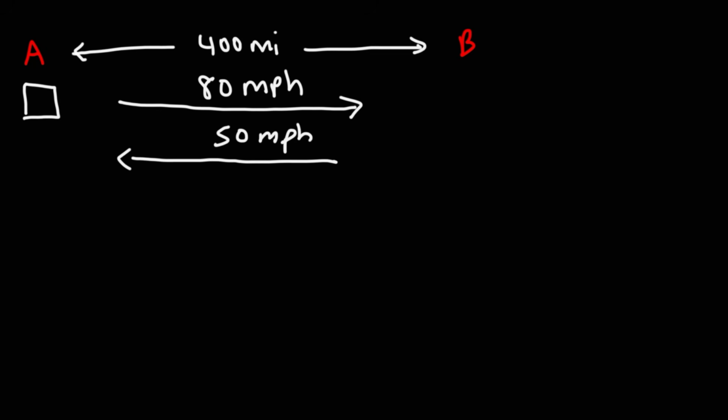It turns out that in this problem, you can't use the arithmetic mean formula because the time in which the car is traveling east is not equal to the time in which it travels west. So the weight that you would apply to each speed is different. So the arithmetic mean formula won't work.